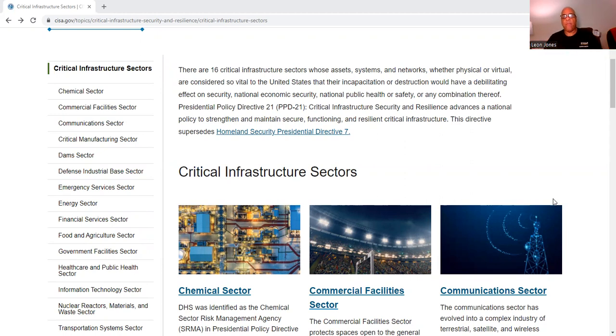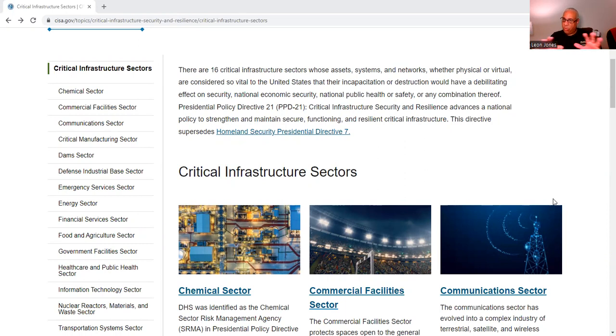Now, the critical infrastructure sectors, whose assets, systems, and networks, whether physical or virtual, are considered so vital to the United States that their incapacitation or destruction would have a debilitating effect on security, the National Economic Security, your banks, your national public health or safety, or any combination thereof.